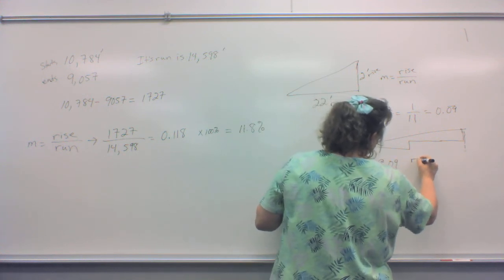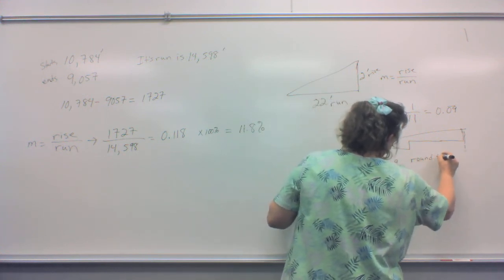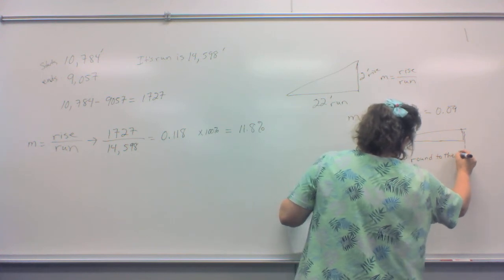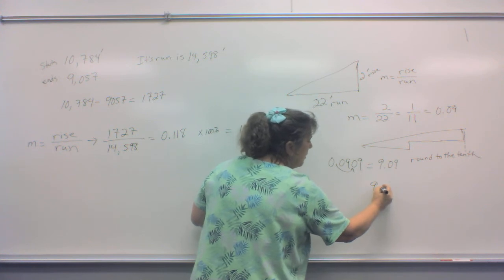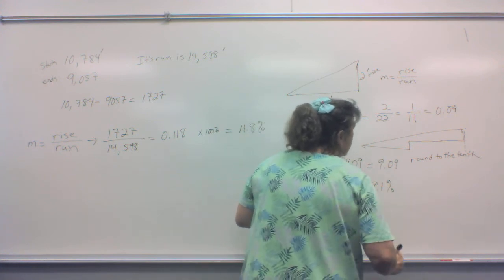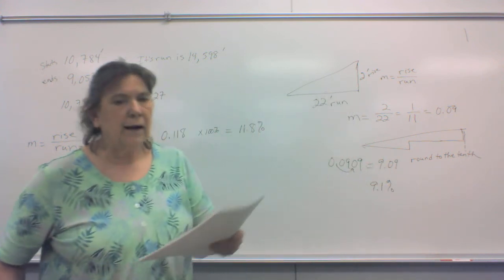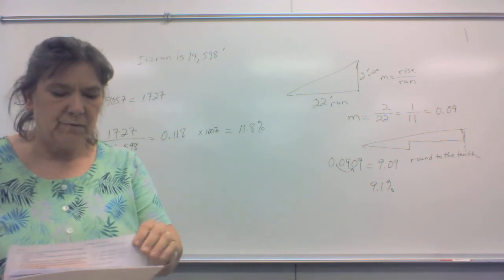If you round to the tenths place value, this then will be 9.1%. So that particular ramp has a 9.1% rise.